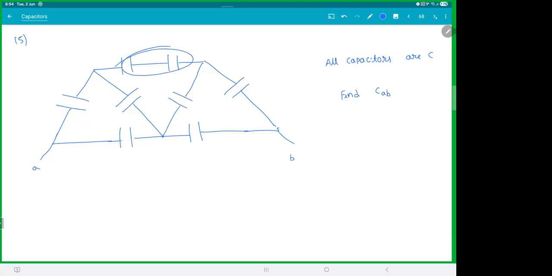These two are in series. These two are nothing. These two are nothing. There's nothing else in series and parallel. Can I use Wheatstone bridge? No. Can I use nodal analysis? No. So gone. That is how you keep eliminating.